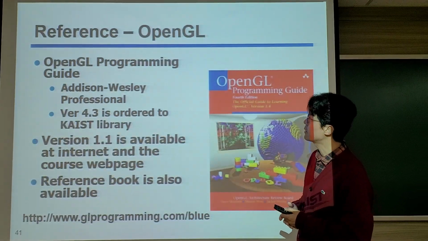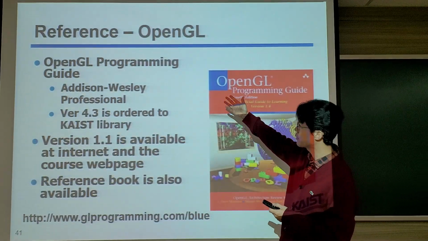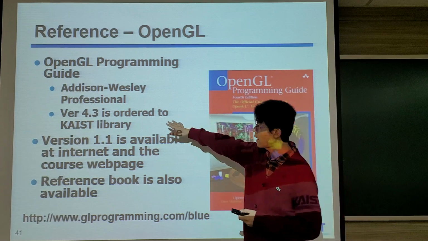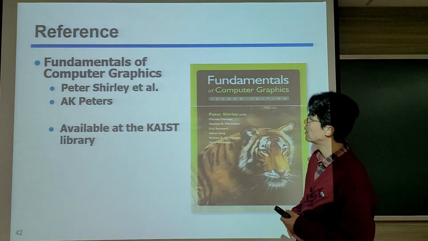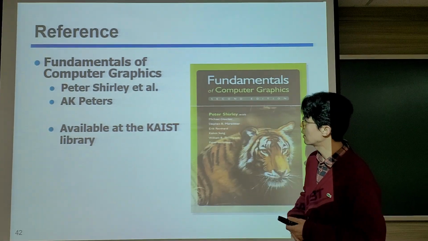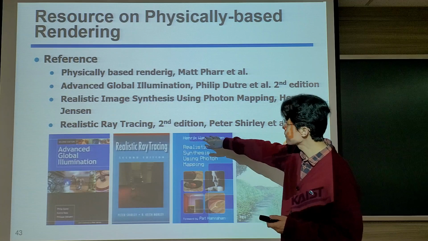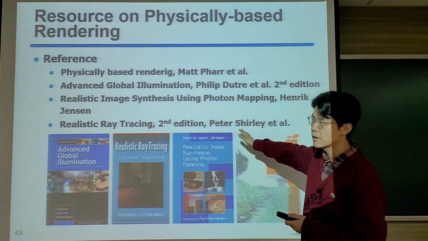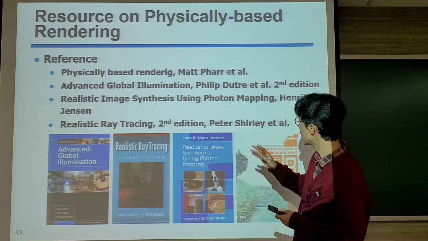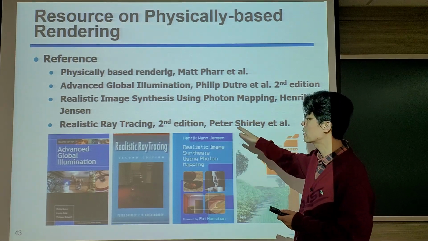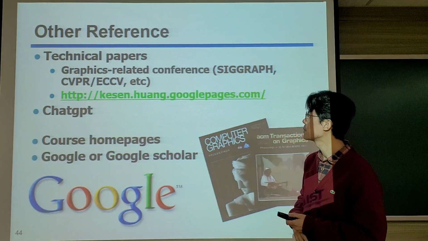Also, there are many references if you are interested in OpenGL programming. This is also available at the KAIST library. The typical textbook of computer graphics is also available at the KAIST library. There are also many books on rendering techniques. You can check them out. I think I already prepared them in the KAIST library.